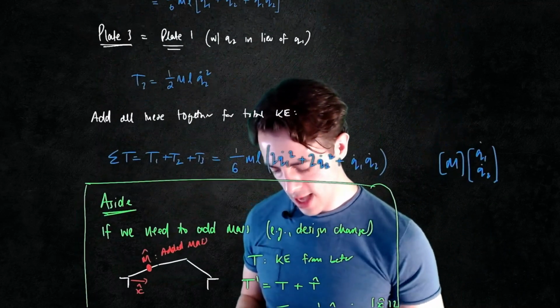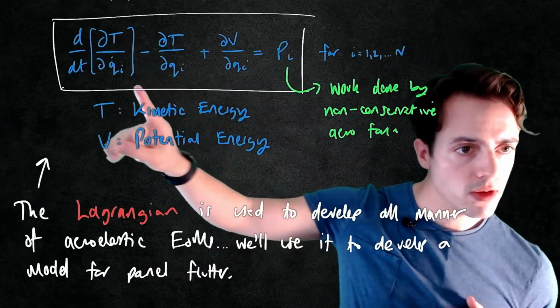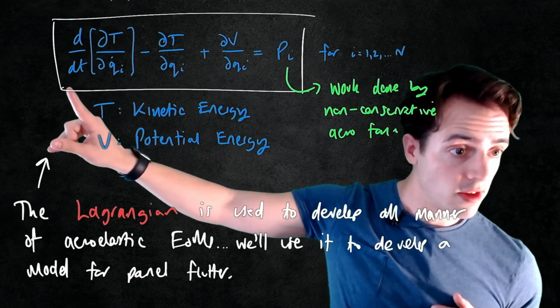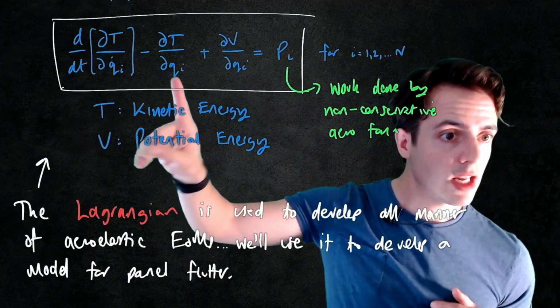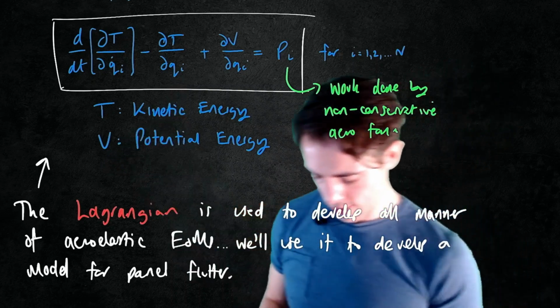Okay, so to get the equations of motion from Lagrange, we've now got this T. So we've got T, we need the first derivative of T with respect to Q dot, and then we take the first time derivative of that, and then we need the first derivative of T with respect to Q as well. So let's do those.